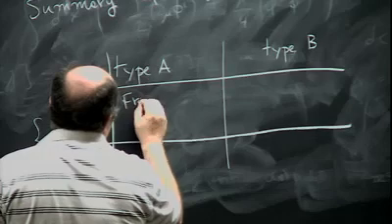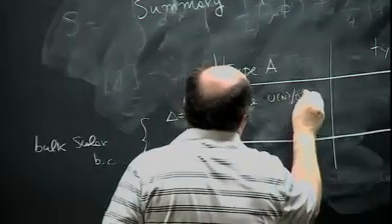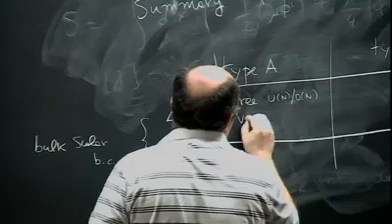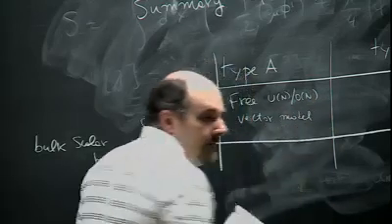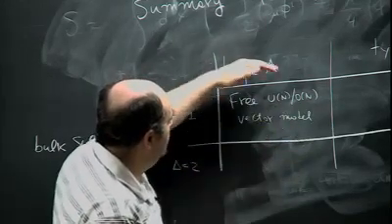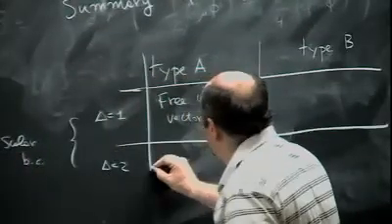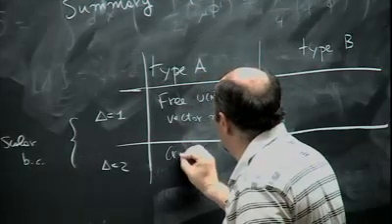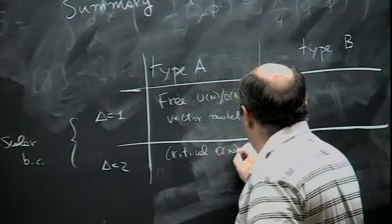It's the free U(N) or O(N) vector model, where U(N) or O(N) will give you either the theory with all spins or the theory with only even spins, right? And delta equal to 2 is the critical O(N) model or U(N).